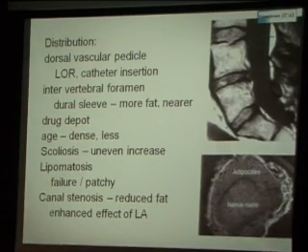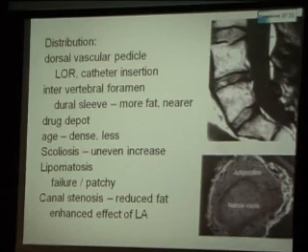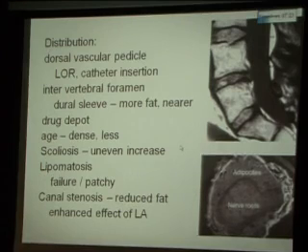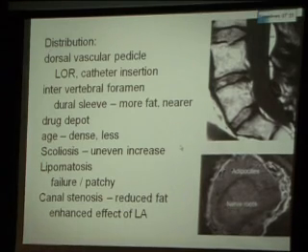And this fat is also distributed more towards the intervertebral foramina, where it lies right next to the nerve roots, and where it acts as a depot, a reservoir for whatever local anesthetic we have injected in the space. Like here, right next to the nerve root.